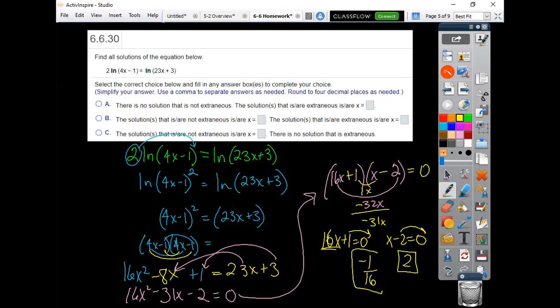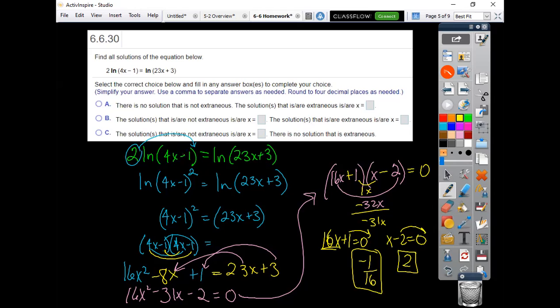And so sometimes you can't have a negative inside your log. Inside of a log expression here, it's always going to be positive. So I'm kind of wondering, if I put that negative 1/16 in either of these, is it a valid solution? Inside of a log, because your base is always positive, you can never do a base to a power and get a negative number in here.